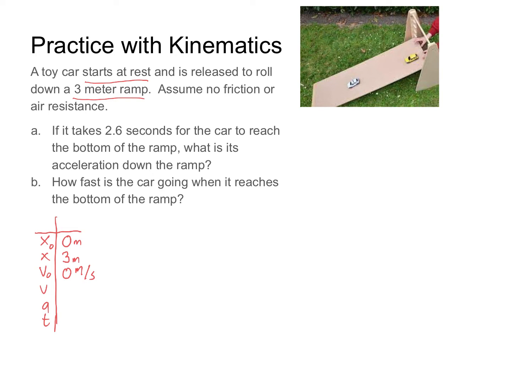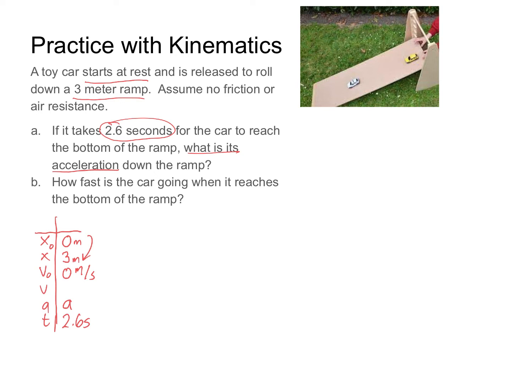The acceleration, that's what it's asking for. It says, what is the acceleration? So I'm going to go ahead and write down a to remind myself that that's the variable I'm looking for. Last of all, I've got t, and it does give me 2.6 seconds to get to that 3 meters. And so all of this information is about that trip from the 0 at the top down to the 3 meters at the end of the ramp.